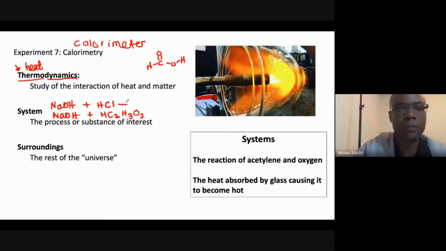But both of them do undergo neutralization. When acids react with bases, with hydroxides, you get a salt and you get H2O. Just swapping the first element. Sodium will swap the hydrogen, and here you get what we call sodium acetate.